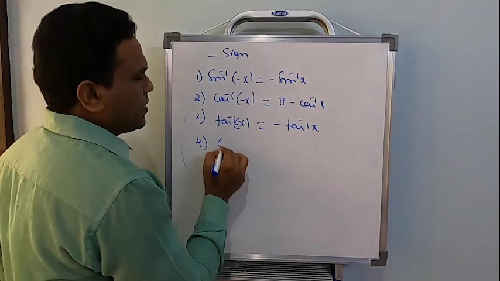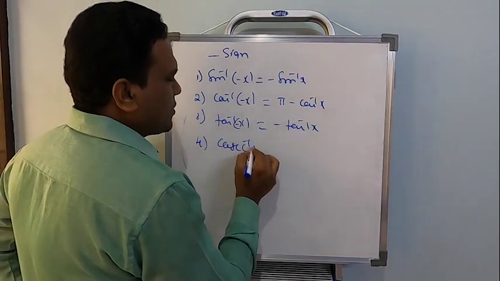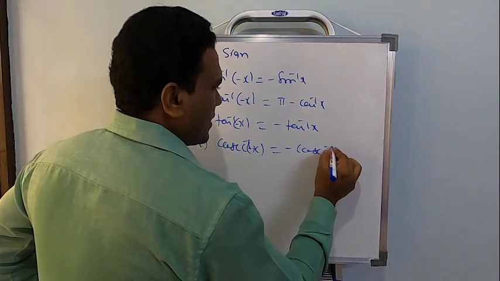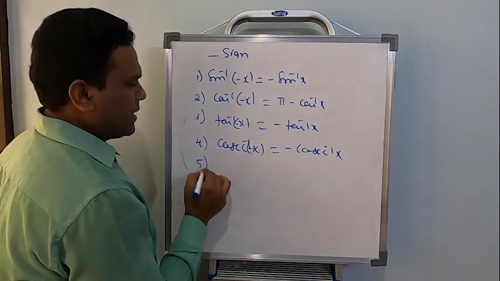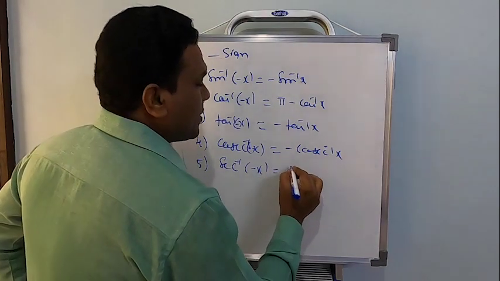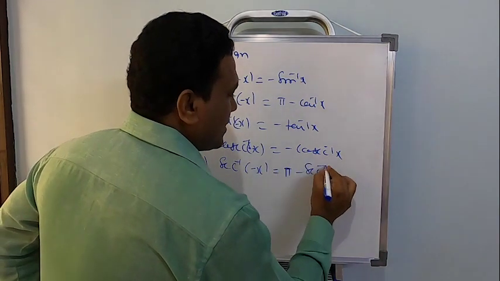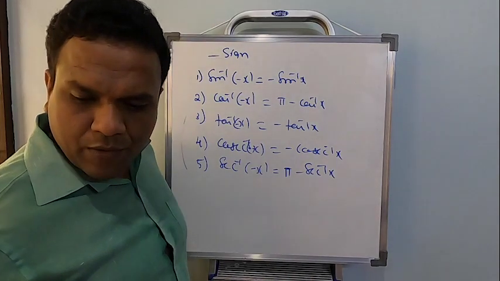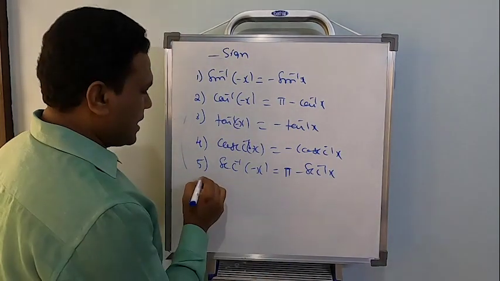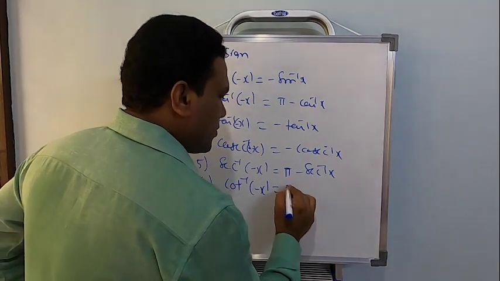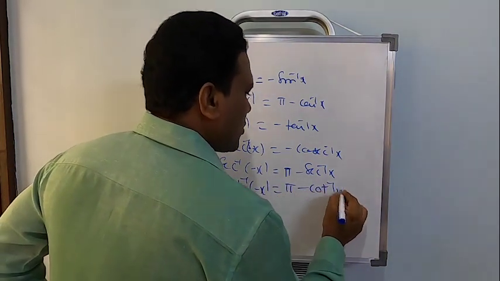Now the next one: cosecant inverse of minus x equals minus cosecant inverse x. Now the next: secant inverse of minus x is pi minus secant inverse x. Okay, now we have one more, right? And the last one was cot inverse of minus x equal to pi minus cot inverse x.